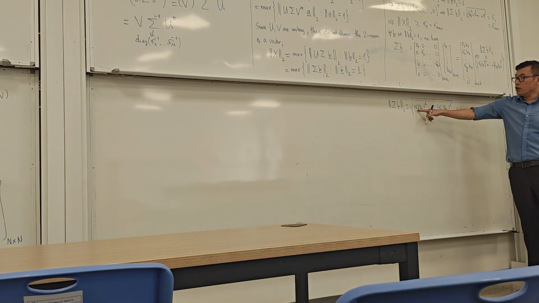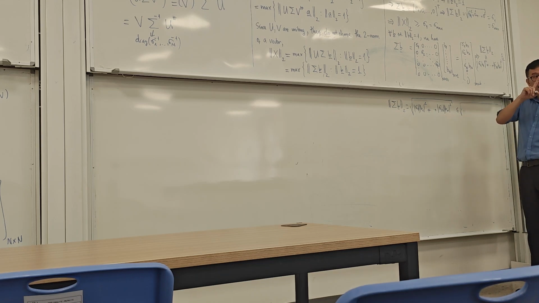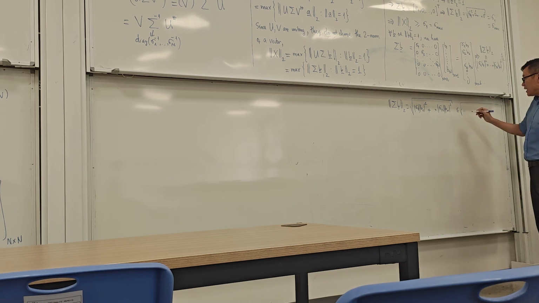Remember sigma 1, sigma 2, up to sigma n, they are real numbers and they are greater than or equal to 0. That's the definition of singular value. Therefore, I can drop the modulus on them: sigma 1 times modulus of b1 squared, so on, plus sigma n times modulus of bn squared.